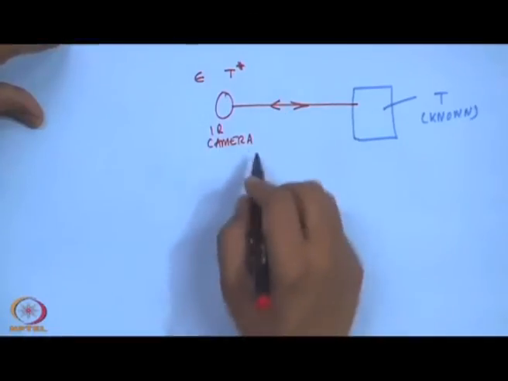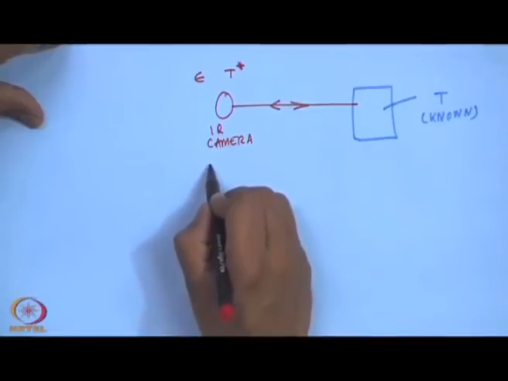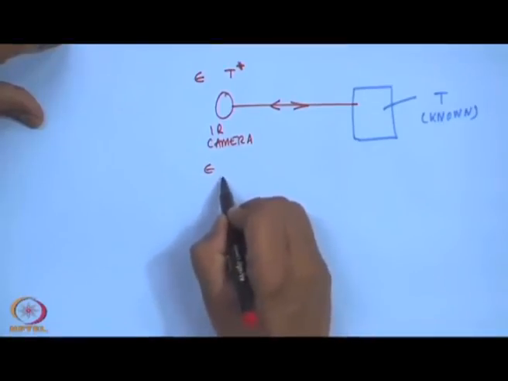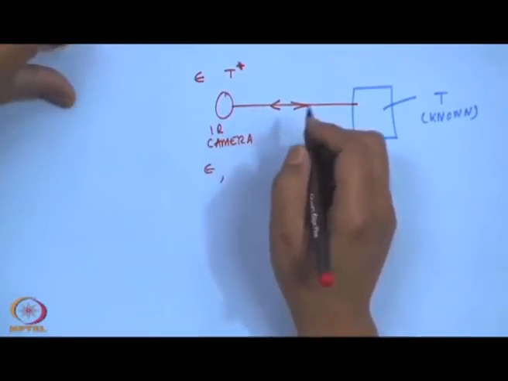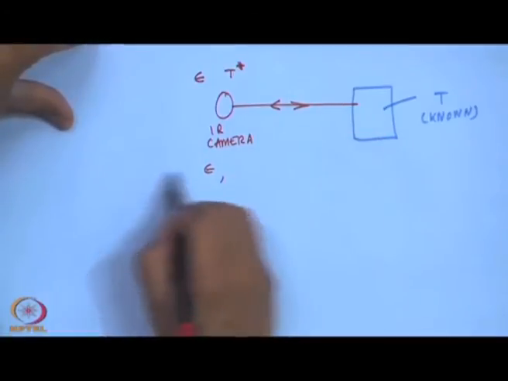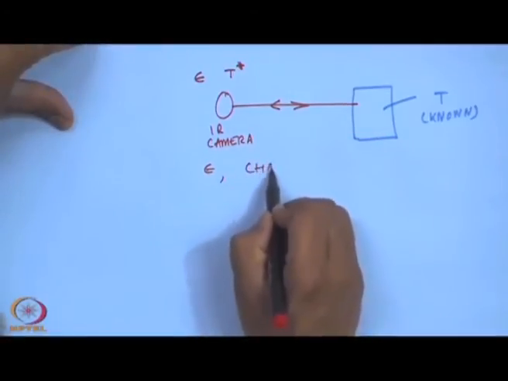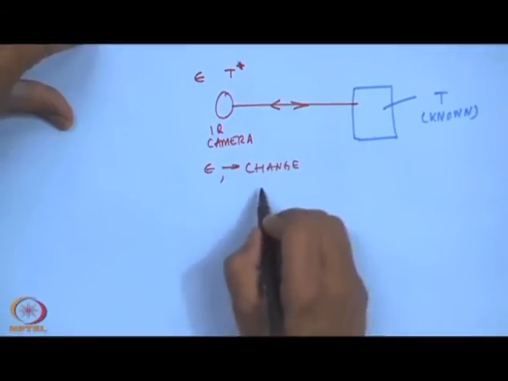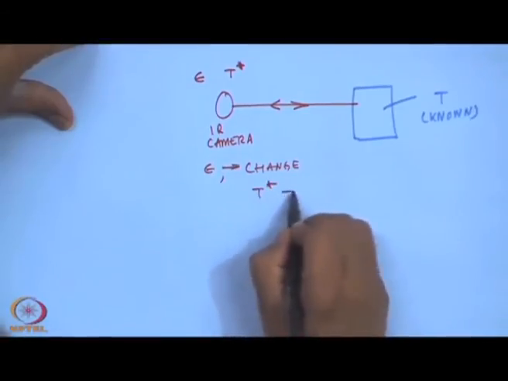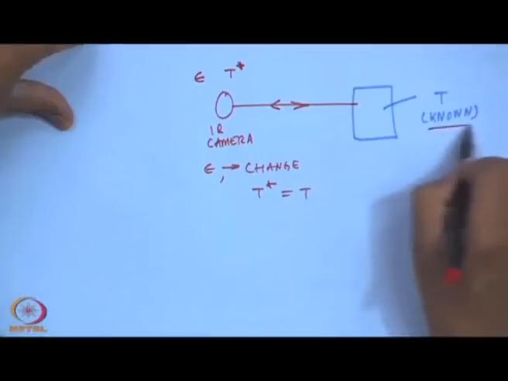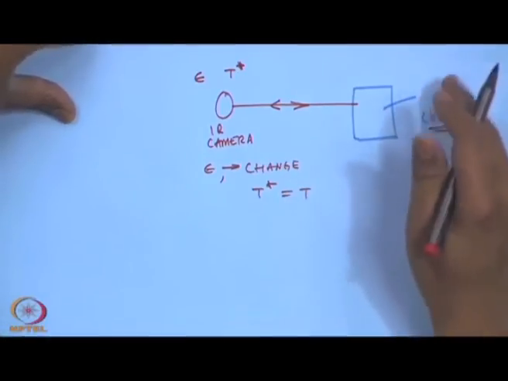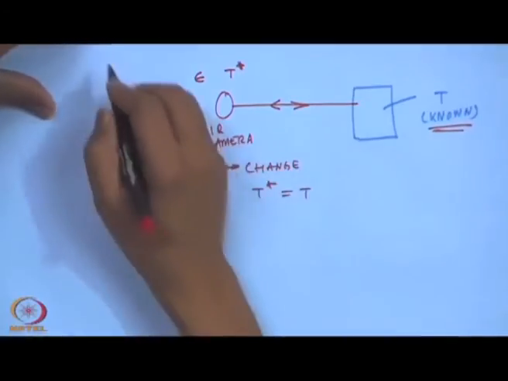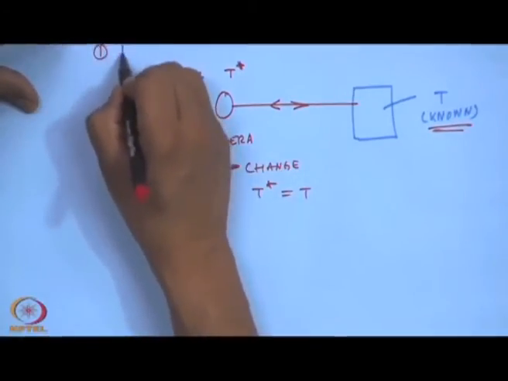In some of these handheld cameras there is an option to change emissivity. So, you can change the value of emissivity so that T star equals T, provided T is known, and you can do that with a couple of temperatures, and that is a very quick way you can do a field calibration.